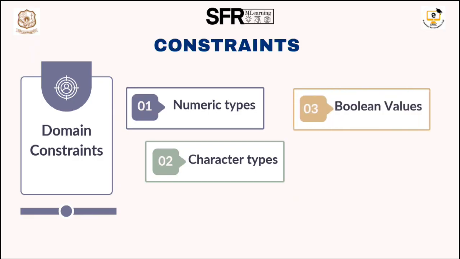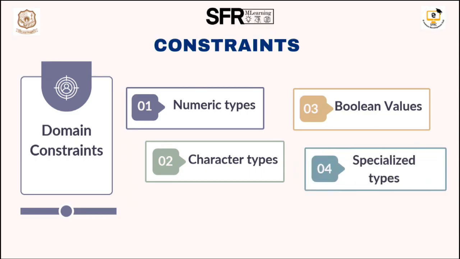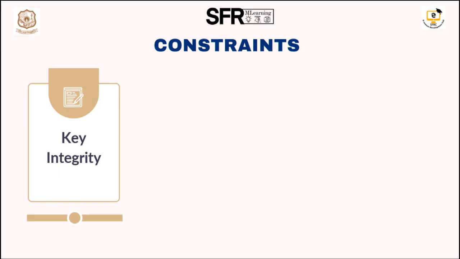Next one is the Boolean values, which store true or false values, often used for flags or conditional checks in databases. Last one is the specialized types. Specialized types include types for date, time, timestamp and money, also used for precise handling of time related and financial related data.